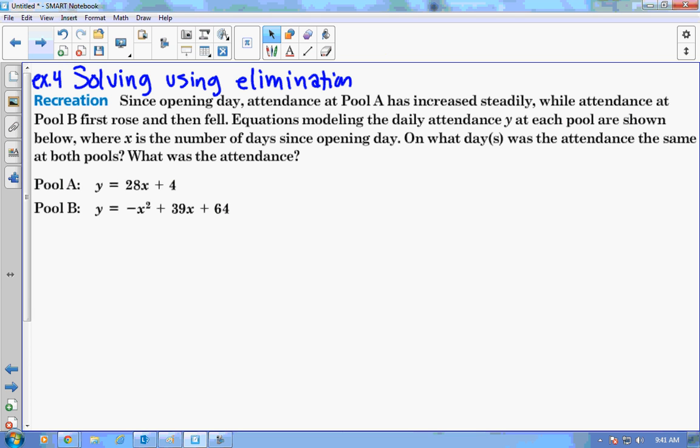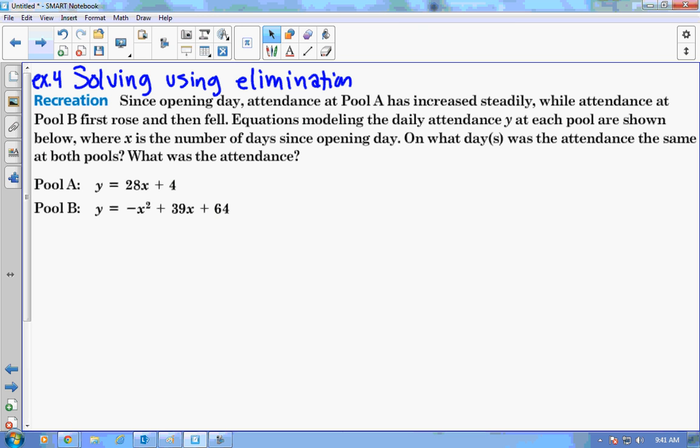Since opening day, attendance at Pool A has increased steadily, while attendance at Pool B rose and then fell. Isn't that kind of like a quadratic? Rising and then falling is quadratic with concave down. Equations modeling the daily attendance y at the pool are shown. So what does y represent?